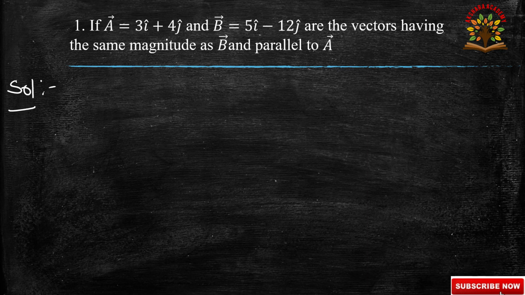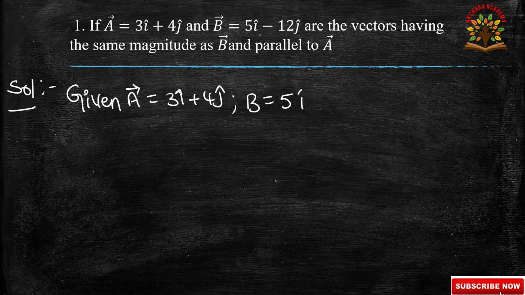Given a bar is equal to 3i cap plus 4j cap, and b is equal to 5i cap minus 12j cap.